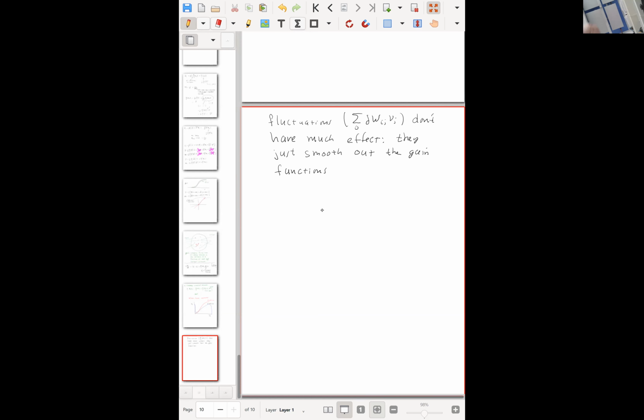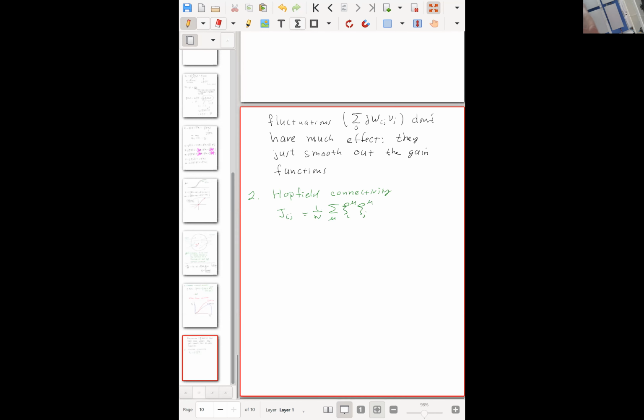The other connectivity structure we considered was Hopfield connectivity, which was Jij equals 1 over N, the sum on mu of xi i mu xi j mu, where these things are plus or minus 1.